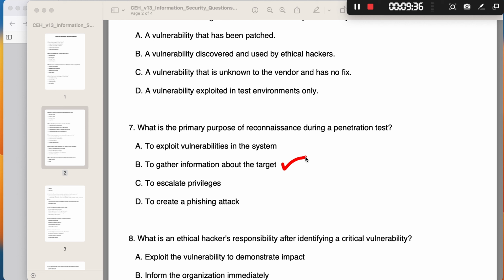So that is the primary purpose of that. You're not going to really exploit any vulnerabilities. That's part of exploitation. You're not going to escalate any privileges because you have to exploit first. And you're not going to create any phishing attacks. They're just throwing you off with that option. It's not relevant at all.